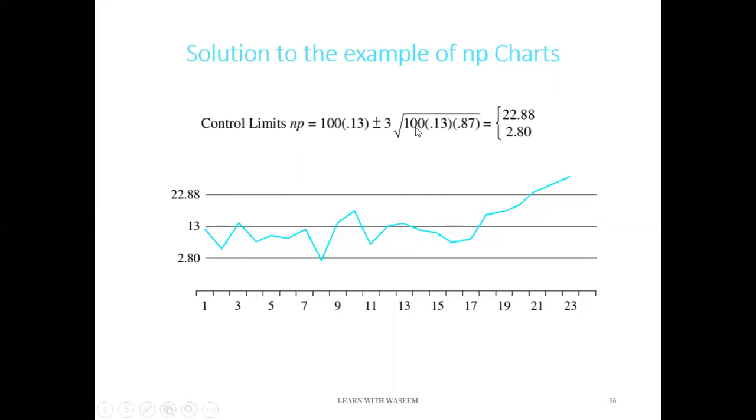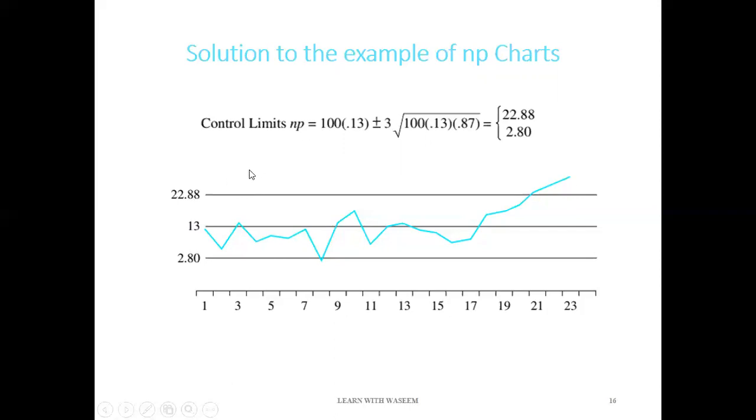So its upper control limit value would be 22.88. And if you want to find the lower control limit of NP, that would be 100 into 0.13 minus 3 times the square root of 100 into 0.13 into 0.87, which equals 2.80.